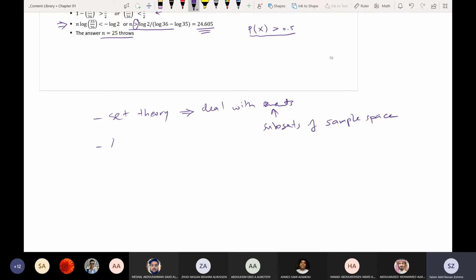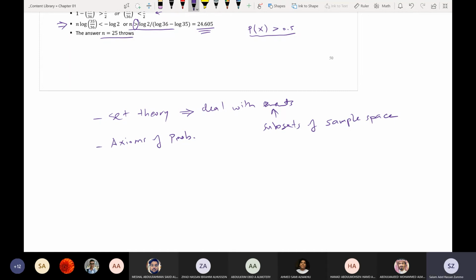Then we talked about axioms of probability. And we defined 3 axioms. And we talked about how to calculate probability. We defined what we call experiment and the event, and how to calculate the probability of any event on a certain experiment.